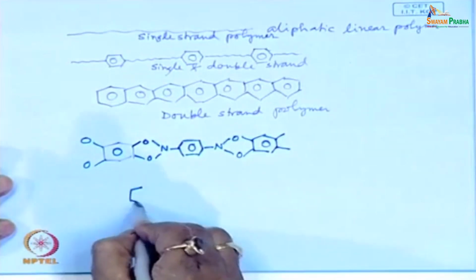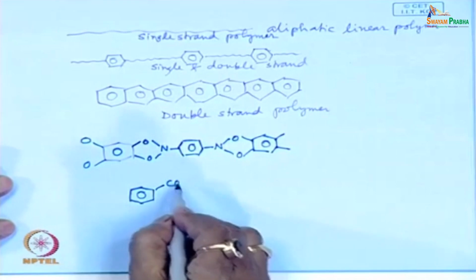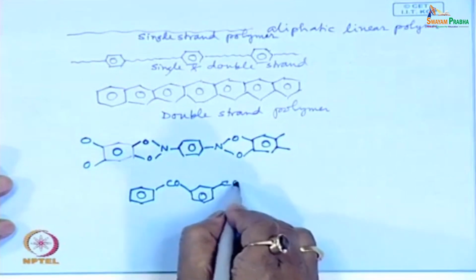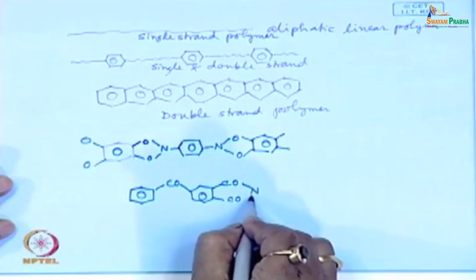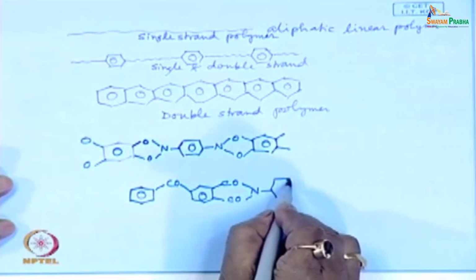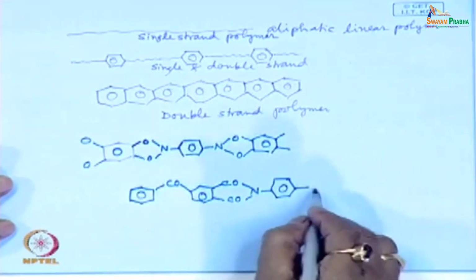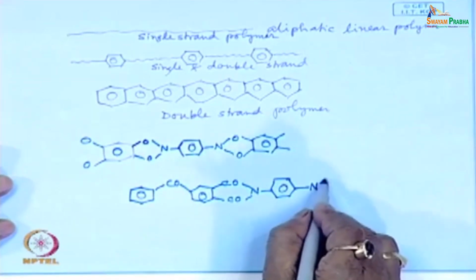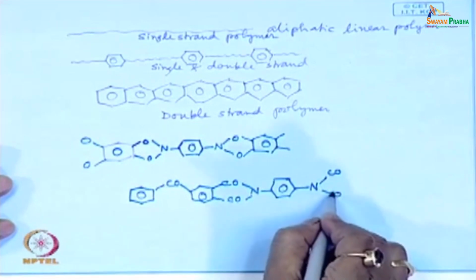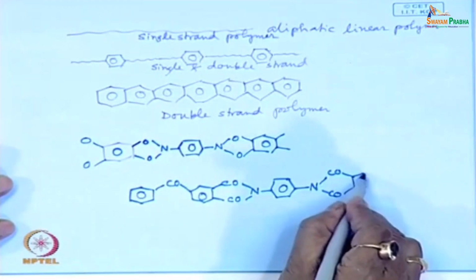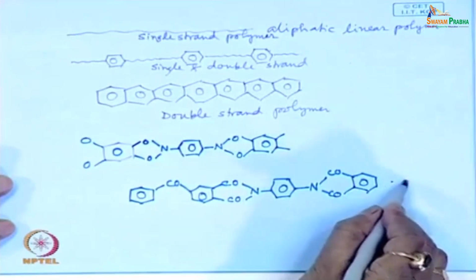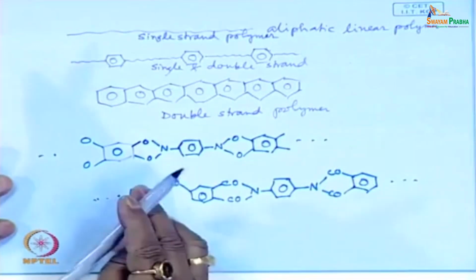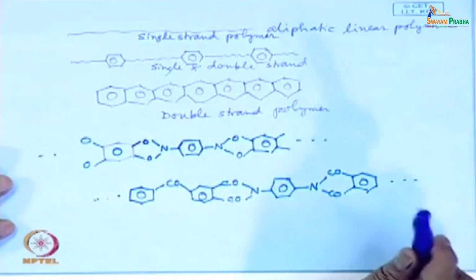We can have polymer like this. So on. What are the characteristics of such polymers?